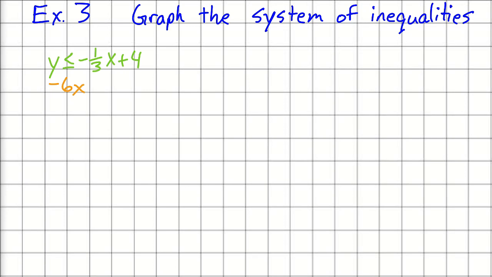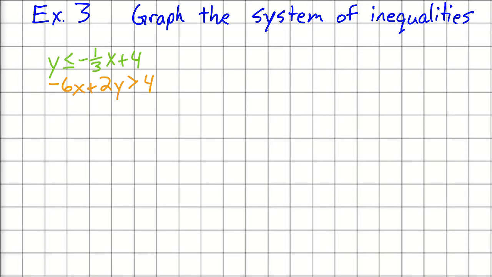And the other inequality that we're going to do is -6x plus 2y is greater than 4. Notice that on that second one, we're going to need to do some alterations because it's not in y equals mx plus b form.